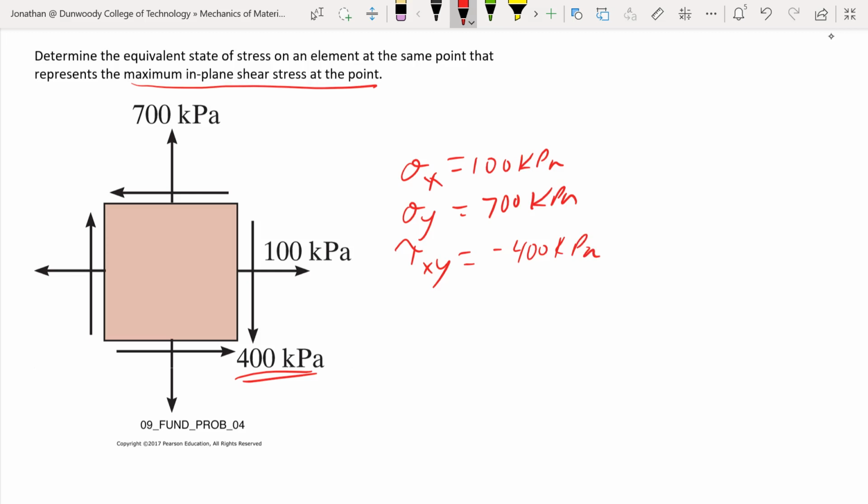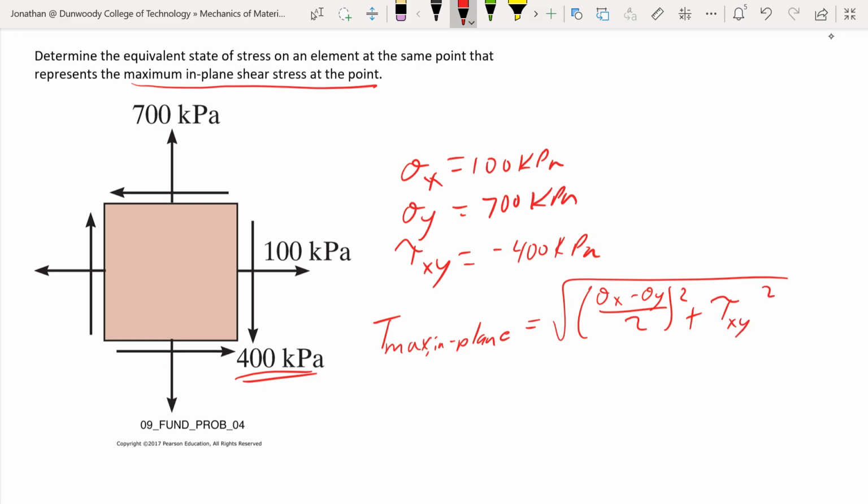So we look back in our formula. We find that tau max in plane is given by the square root of ((sigma x minus sigma y) over 2) squared plus tau xy squared. So we can just plug these right in here.